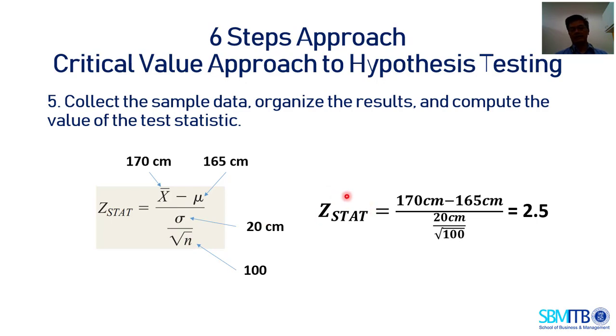Then the z stat can be computed as 170 centimeters, which is the sample's mean, subtracted by the mean value of the populations, which is 165 centimeters, and then we divide the value with the standard deviation of the populations, which is 20 centimeters, divided by the square root of the sample size, which is 100. And the result of the z-stat will be 2.5.